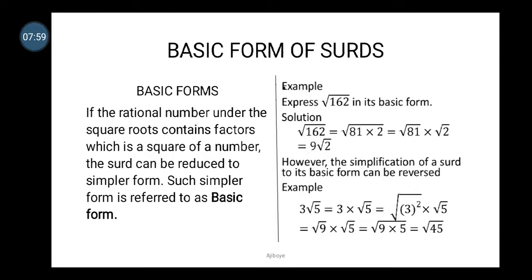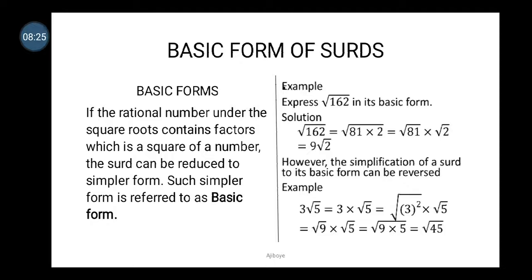For example, express the square root of 162 in its basic form. Let me state clearly here that the first thing you need to equip yourself with in these basic forms is that you must know the perfect squares from 1 to 20, or the squares of numbers 1 to 20.